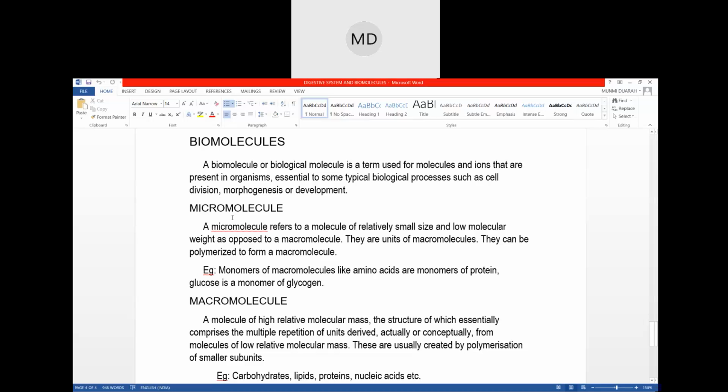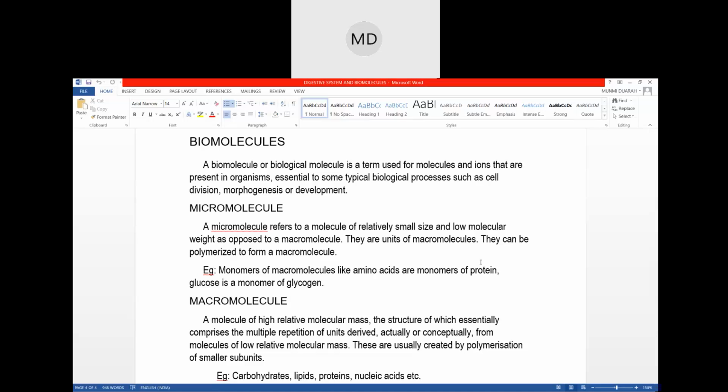So monomers are examples of micromolecules and polymers are examples of macromolecules. Take protein. There are proteins in our body, right? So we need protein. That protein is made up of amino acids. Many amino acids will together form protein.